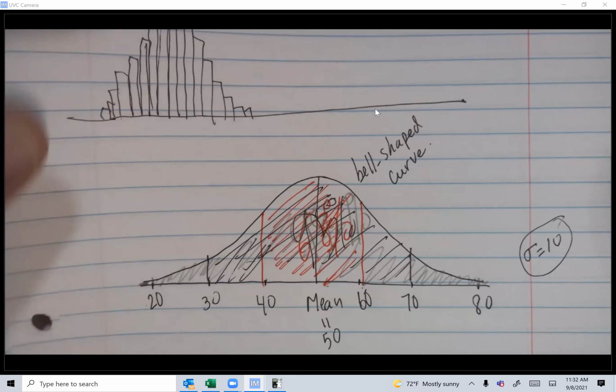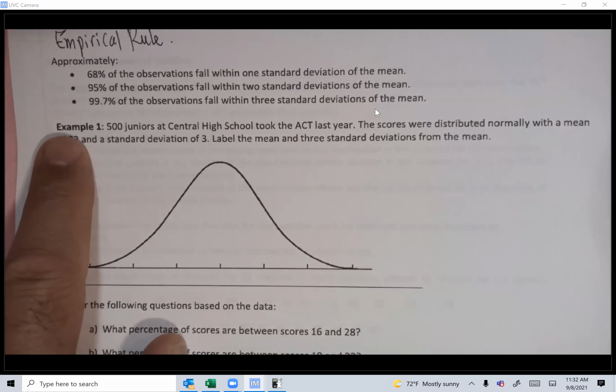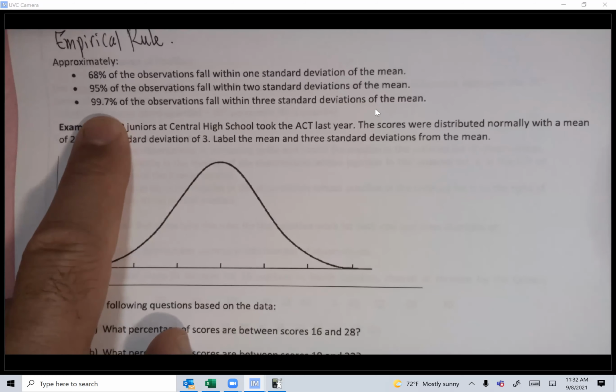Okay. Those 3 percentages that I explained to you, the 68, the 95, and the 99.7%, are called the empirical rule.